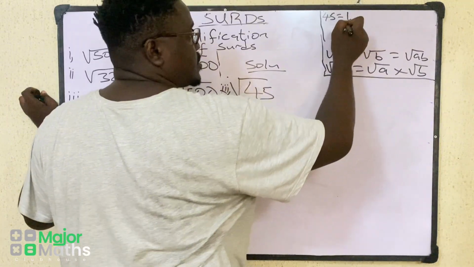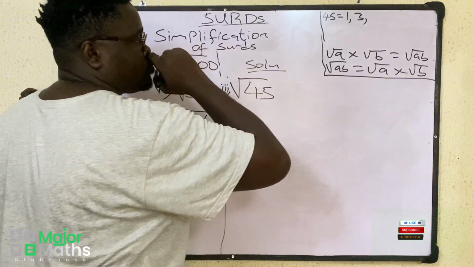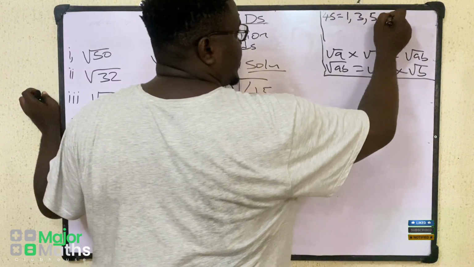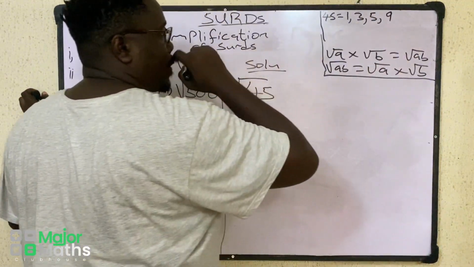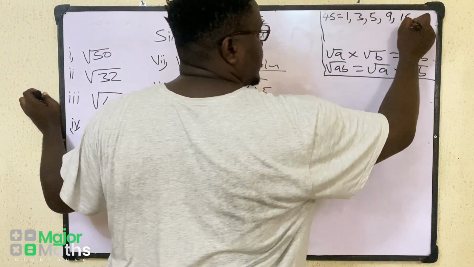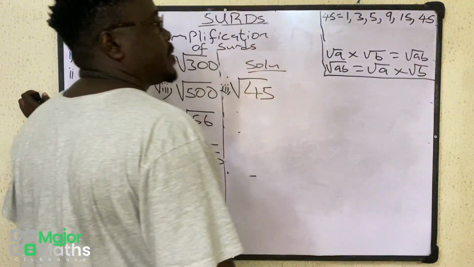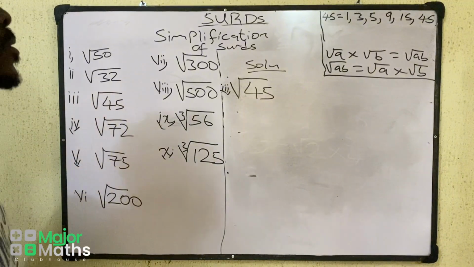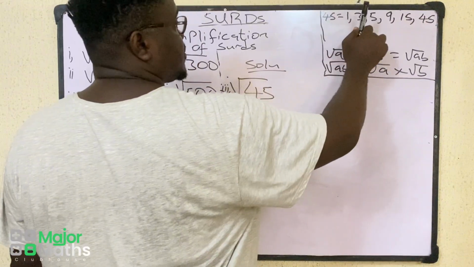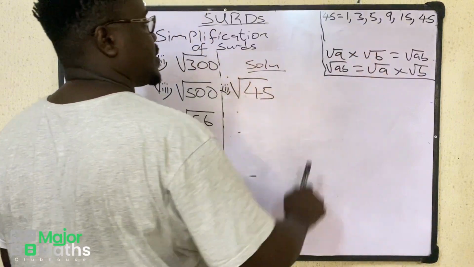We have 1, 3, 5, 9, 15, 45. And that's that. Let's confirm our factor chain. 1 times 45 is 45, 3 times 15 is 45, 5 times 9 is 45.